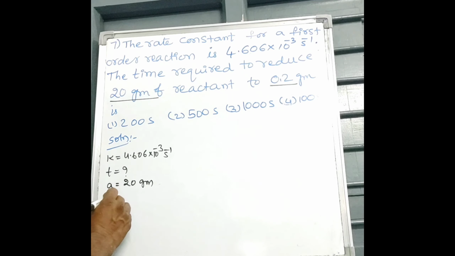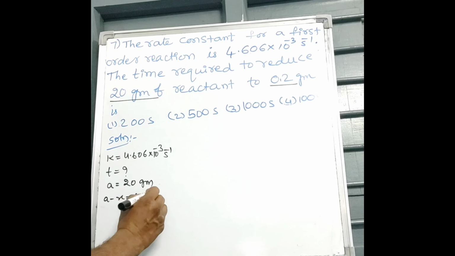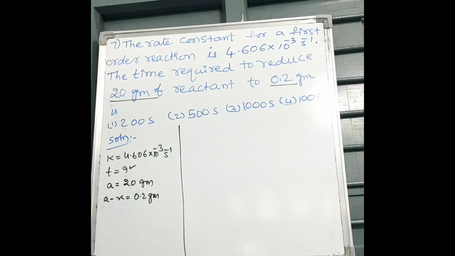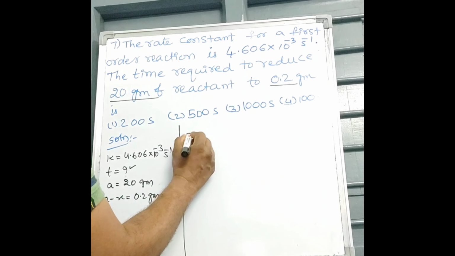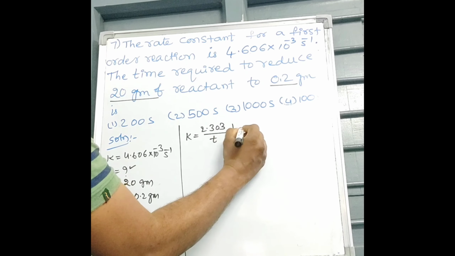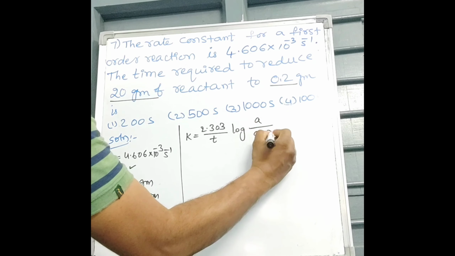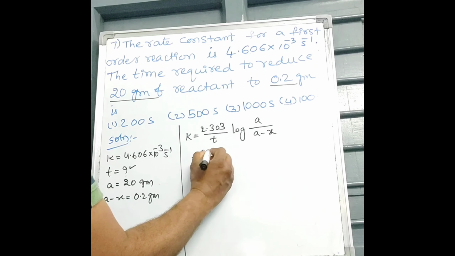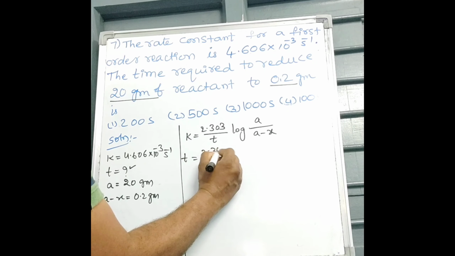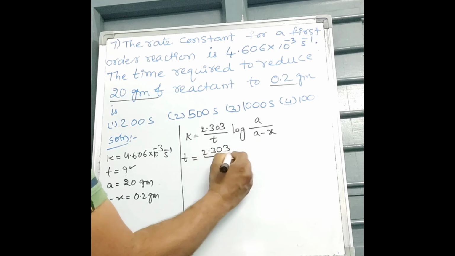So it reduced to A minus X. The reactant after reaction is 0.2 grams. So what is he asking? Time required. According to the first order rate constant, K is equal to, what is the formula, students? 2.303 by T log of A by A minus X. So when we exchange both, T is equal to 2.303 by K. K value is how much?